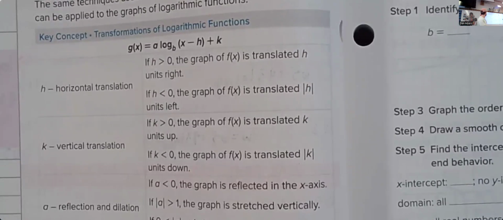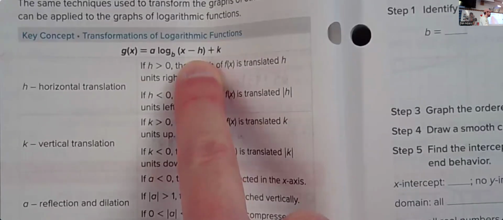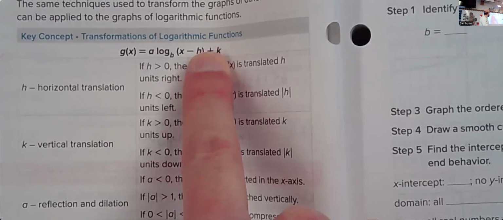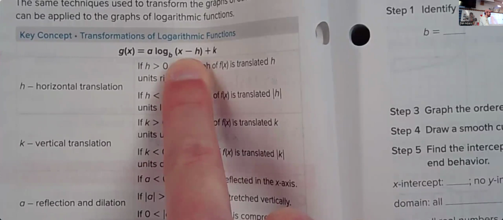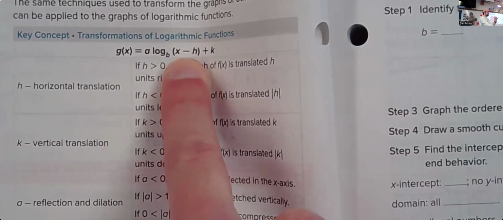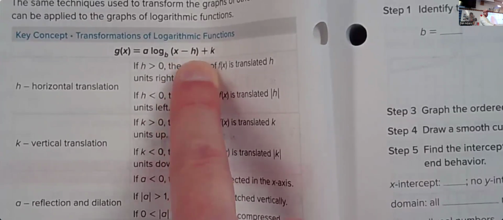With h, however, the horizontal translation, because there is a minus in here, if you plug in a positive value for h, this will still stay as a subtraction problem. So if h is positive, it still moves in a positive direction, but it will look like a minus because the number you plugged in for h is positive. I hope this is making sense.